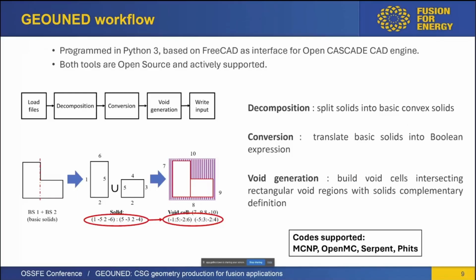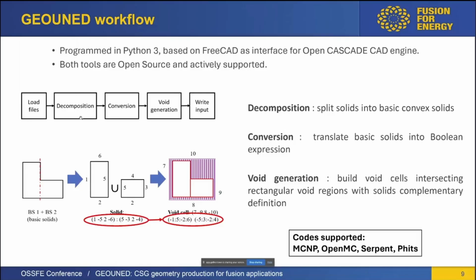So just if I can present now a bit of the GEOUNED. This is programmed in Python 3. It's based on FreeCAD as interface for OpenCASCADE CAD engine, and both the FreeCAD and OpenCASCADE are open source and actively supported. The workflow of the tool basically works in a way that you load the files, which are usually the step files.